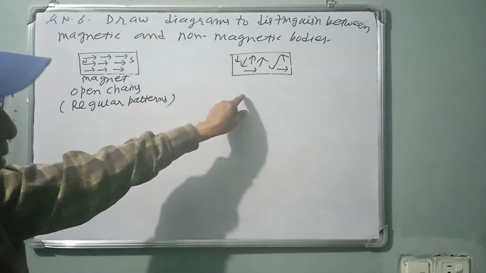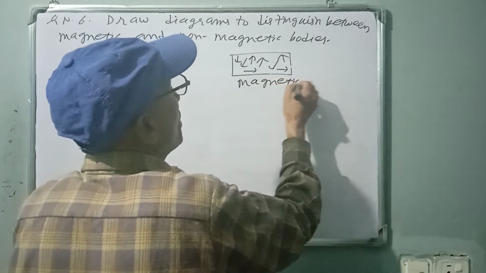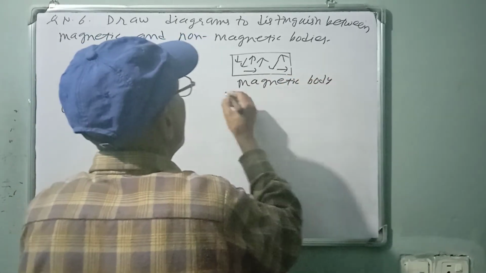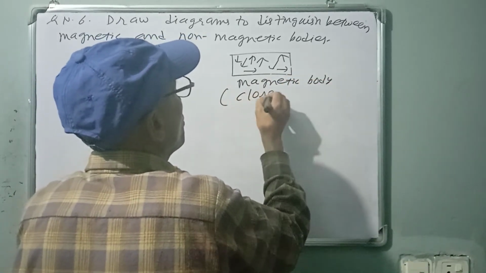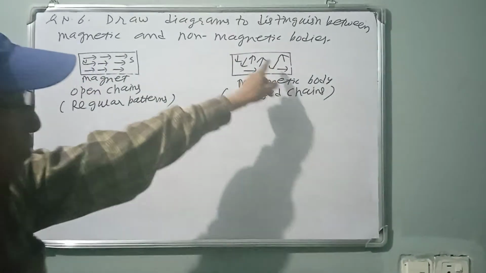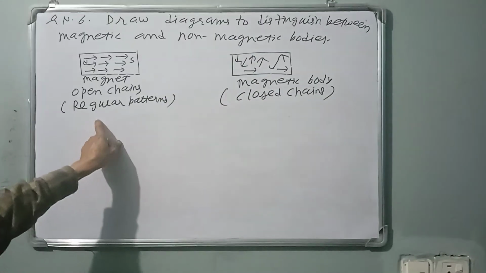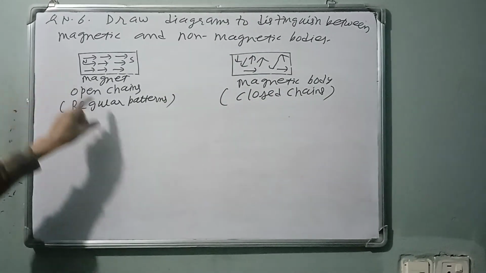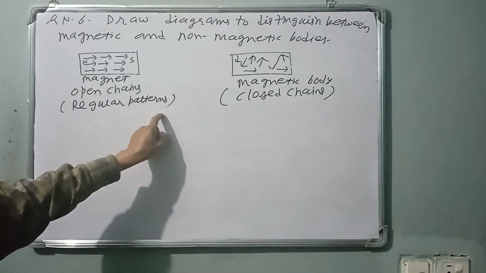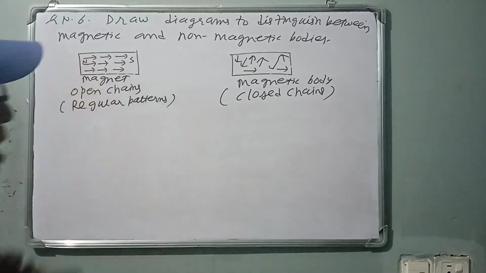Another: what is this? This is a magnetic body. Why? Because it has closed chains forming rings which attract each other, and there is no magnetism. If any substance has open chains or regular patterns of molecules, it is a magnet because it has attraction power.